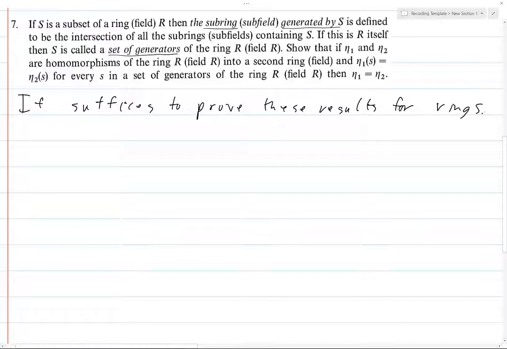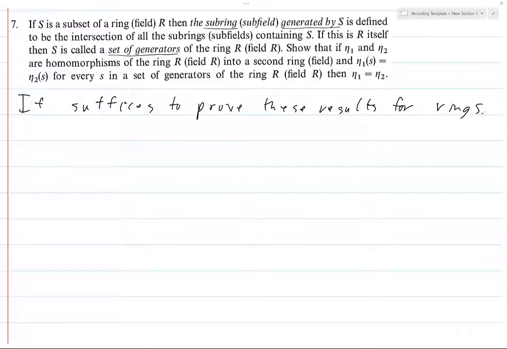Rings, second ring, and there's generators. Yeah, because fields are rings, and the statements about fields don't involve anything extra about fields, which is what I was checking. And so once you have it for rings, you just use the fact that fields are rings, and you get everything for free for fields.